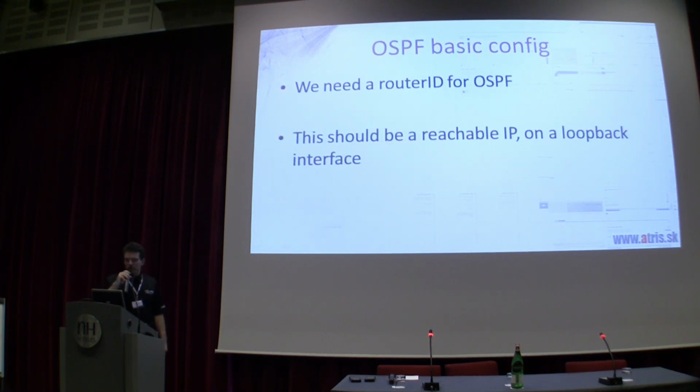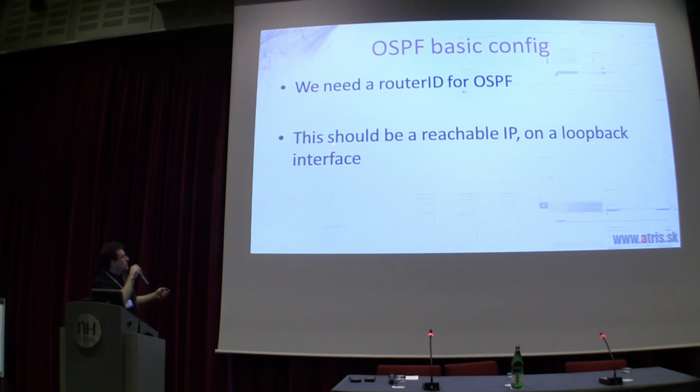So what do we actually need to configure for OSPF to run properly? For OSPF basic config, we need a router ID. The OSPF process can actually select a router ID from the IP address table of the router by itself. There is a process by which a unique router ID is selected, etc. But of course, for our purposes, it's best to specify our own specific router ID that each router will use.